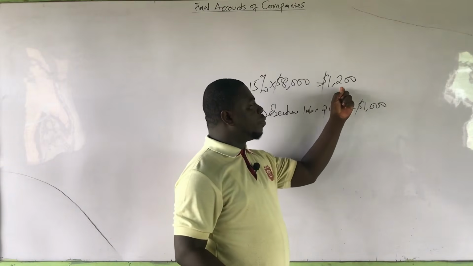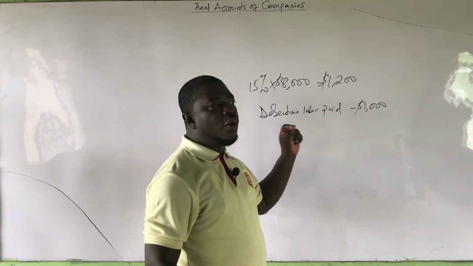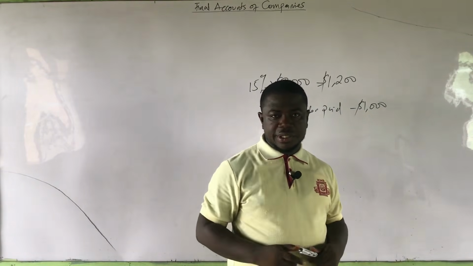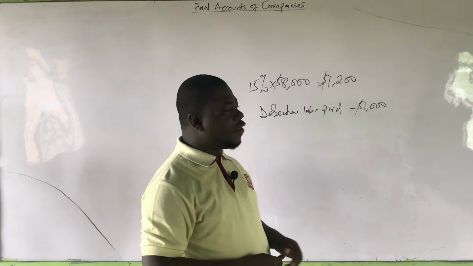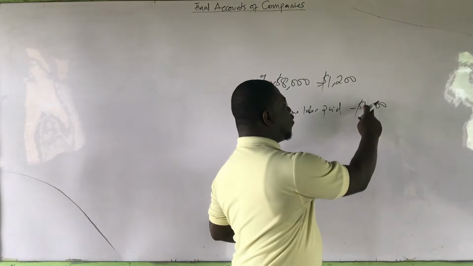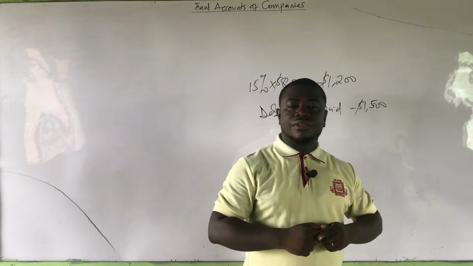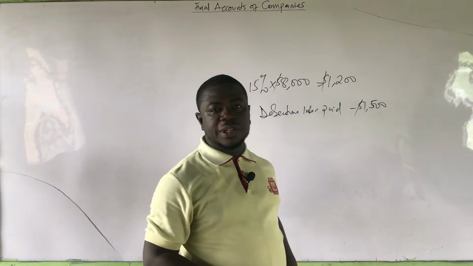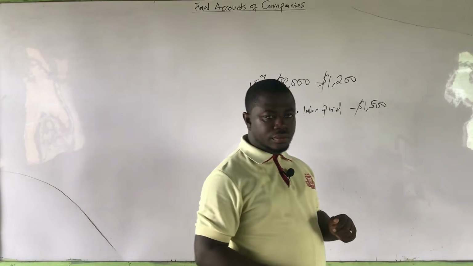You know that you should have paid 1,200, but you have paid 1,000. So the difference of 200 will come as debenture interest owing in your statement of financial position as a current liability. So you should be careful. If this was, let's say, 1,500, meaning you have overpaid by 300, that 300 will go as a current asset in the statement of financial position as debenture interest prepayment.